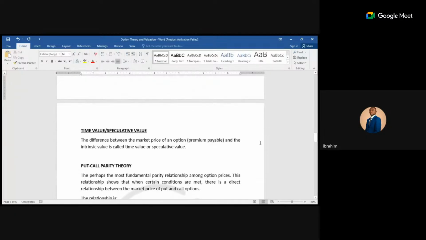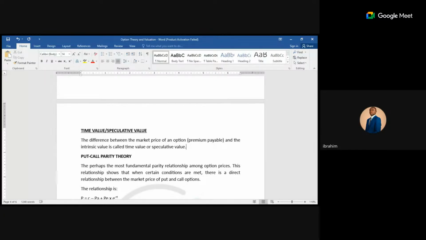In a question, the examiner may ask you to calculate the time value of an option. In a requirement, A, calculate the intrinsic value of an option. Then from the question, you will know that you are calculating for call option and put option. Maybe in that same question, calculate the time value of an option.